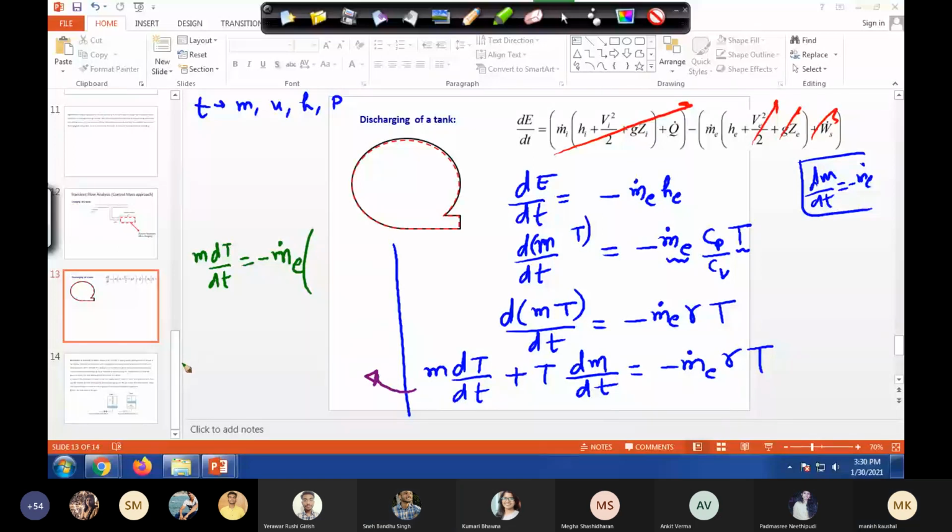Gamma minus 1. No, this is plus, right? If I take this term to that side, there is one minus again. Okay, you're right. So this is basically plus m dot. Which term, into what? T. Yes, T. Perfect. So we take T out, and then we have 1 minus gamma. Fine.